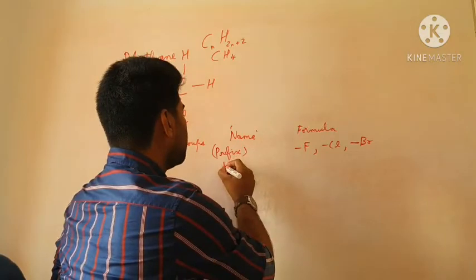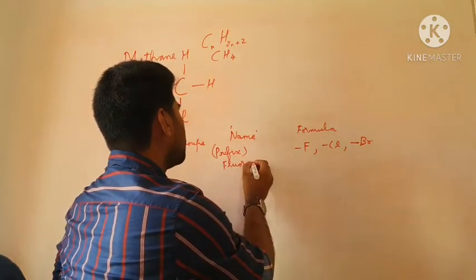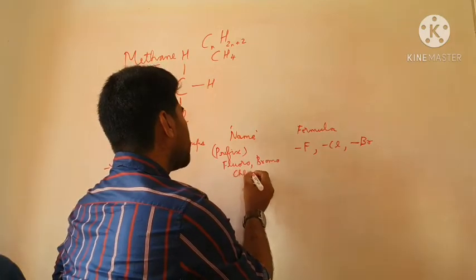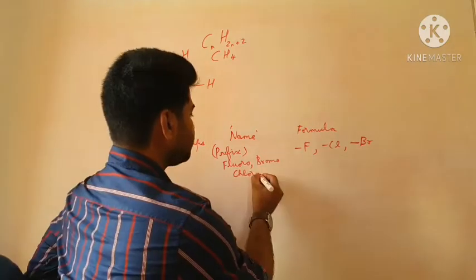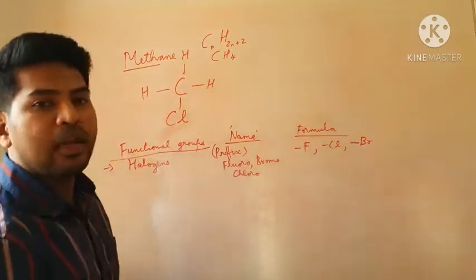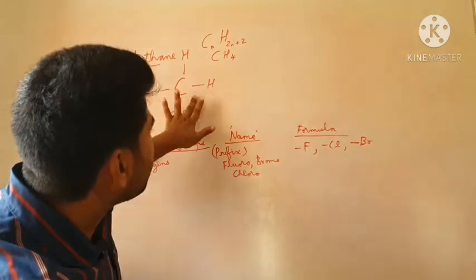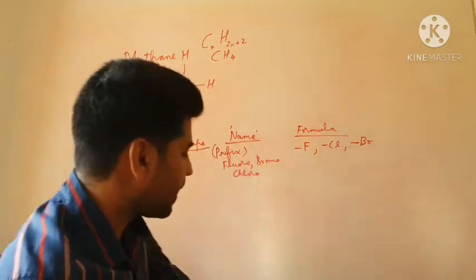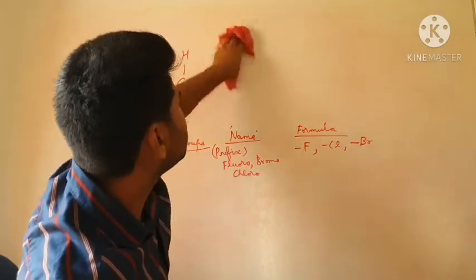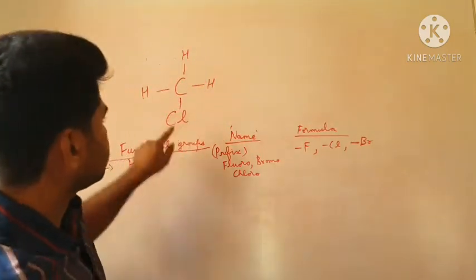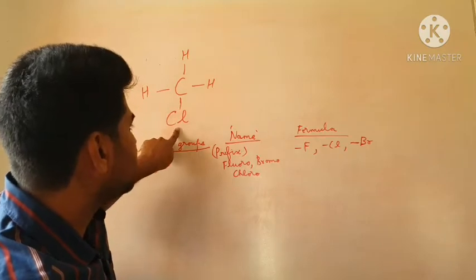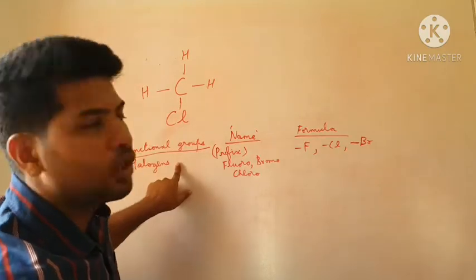So for example, fluoro, bromo or chloro. So let us now write the name of this particular compound that we have got. As you can see here, the functional group which is attached is the halogen group.